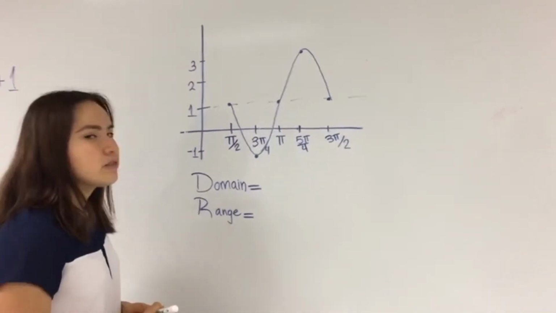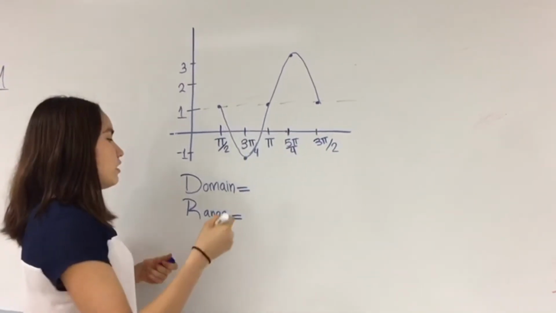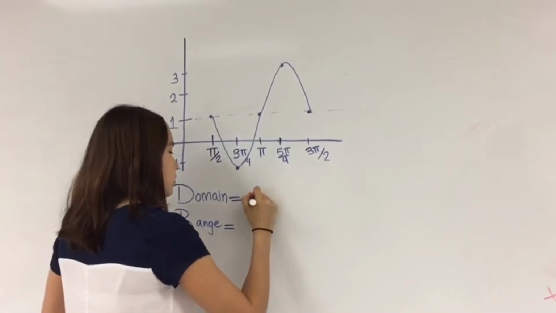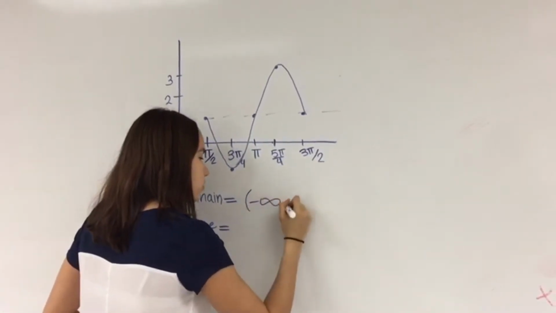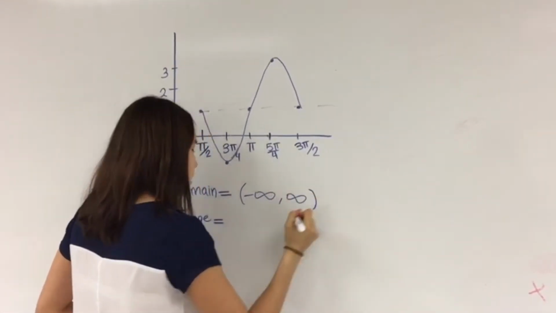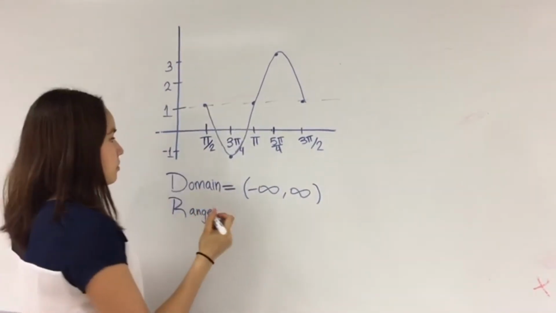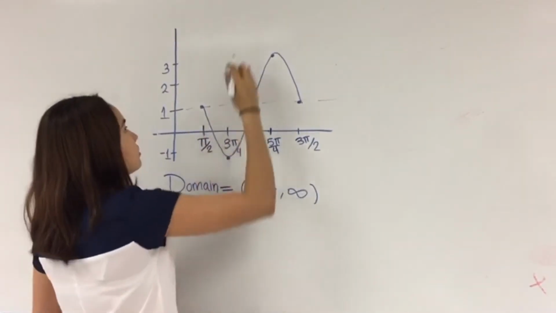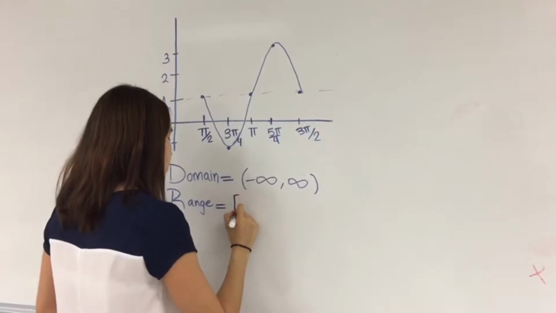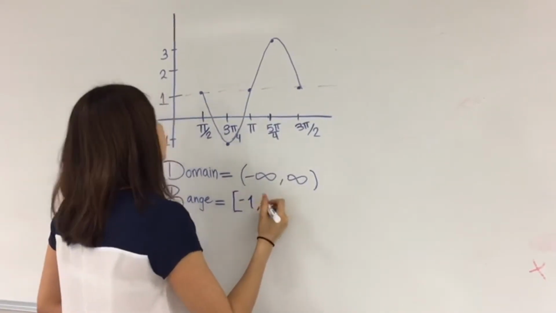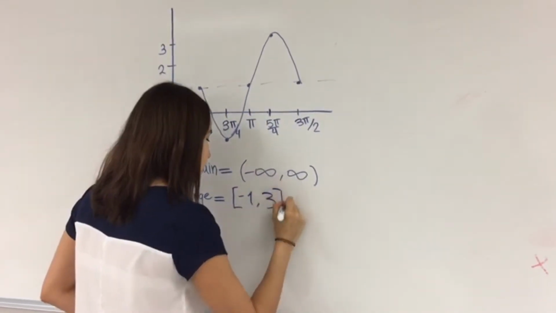And now that we already graphed the function, we obtained that the domain is from negative infinity to positive infinity, and the range will be from the points which are touching the negative 1, comma, positive 3.